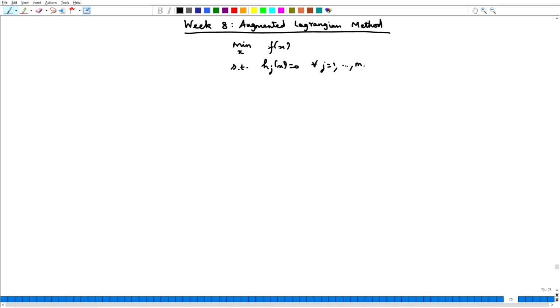If you recall, for such a problem in the quadratic penalty method, we defined q of x comma gamma as f of x plus gamma into summation h j of x the whole squared, right. Then we fixed a value of gamma and minimized q of x comma gamma, right.